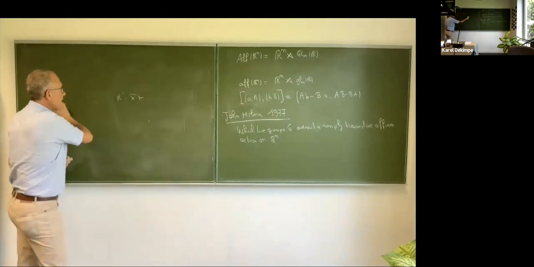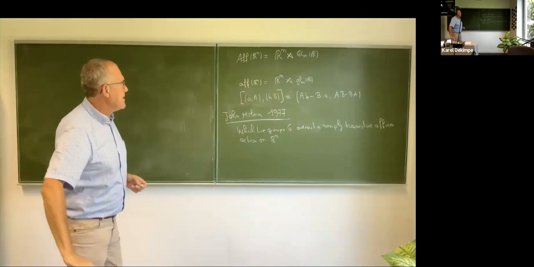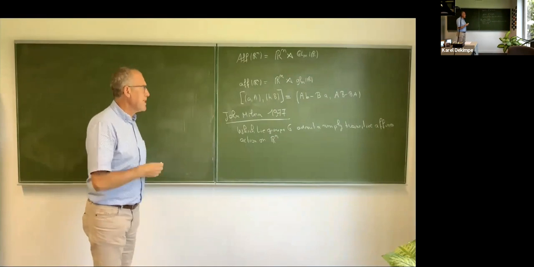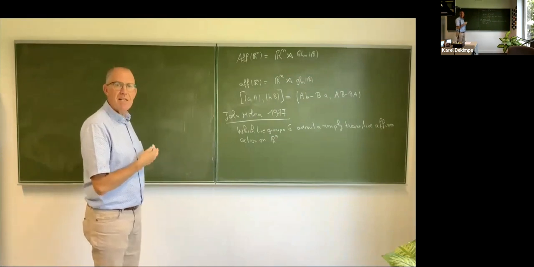And actually he formulated it as a question, but his idea was that probably the class of groups admitting such an action was the class of simply connected solvable Lie groups.